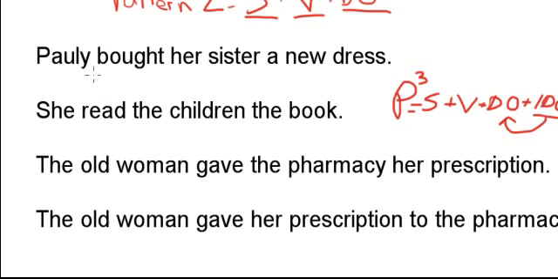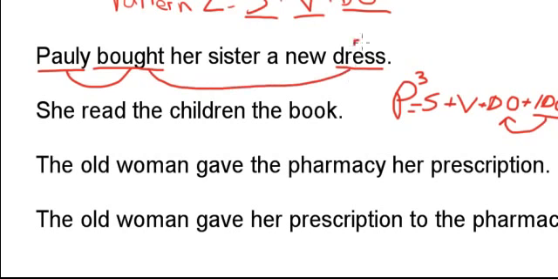Let's take a look. Polly bought her sister a new dress. Polly. What did Polly do? Polly bought. Simple subject, simple predicate. Bought what? What did Polly buy? She didn't buy her sister, she bought a dress. So there's our DO.